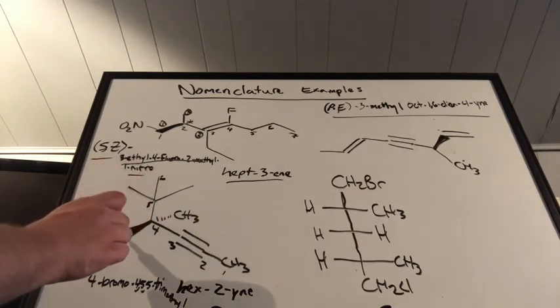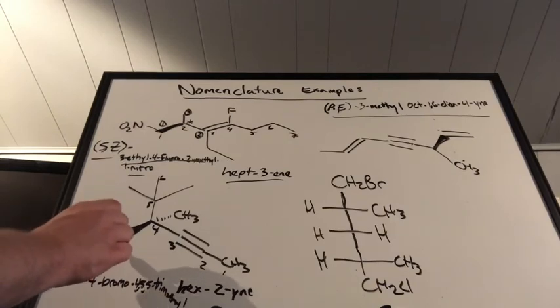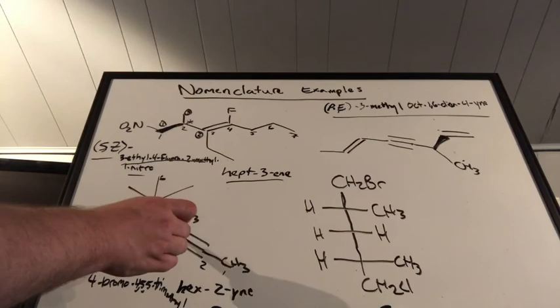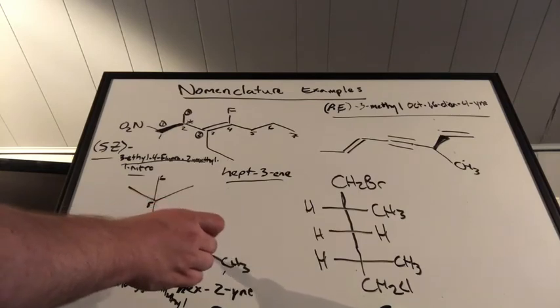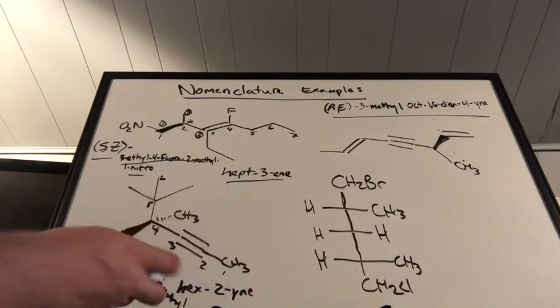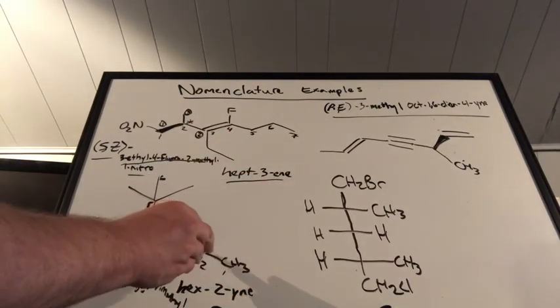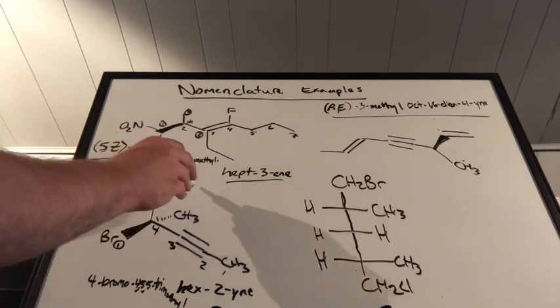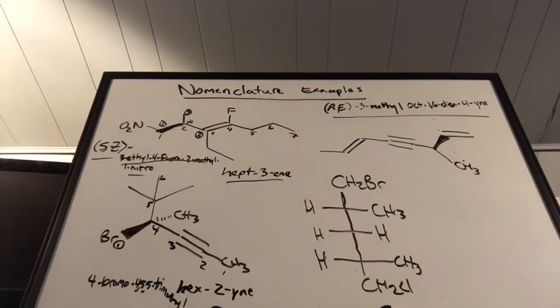So bromo is going to be in the front, very good. So it's going to be highest priority by a long shot. Then we're going to have this carbon directly attached to 3 carbons, so to speak, right? So this carbon is attached to 3 carbons as well, but they all dead end in hydrogens.